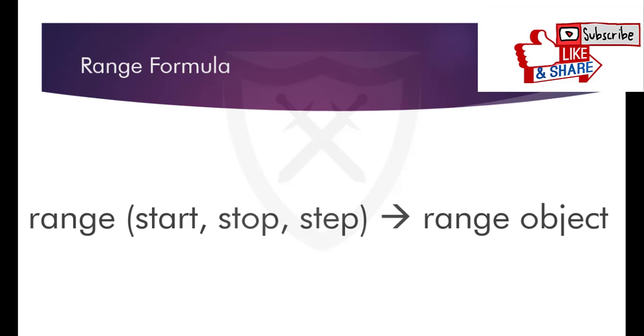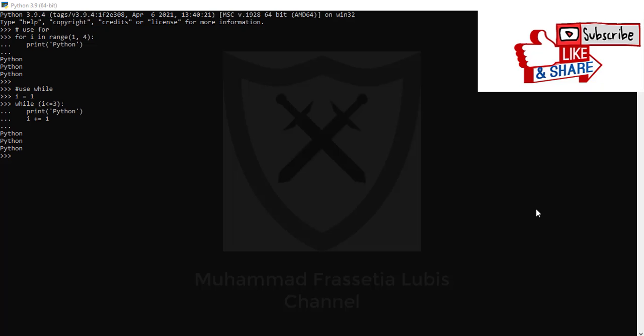So this slide is the formula for range object. If not included, the default value for the step parameter is 1. For example, range round bracket 1, 4 will return a range object with values 1, 2, and 3.